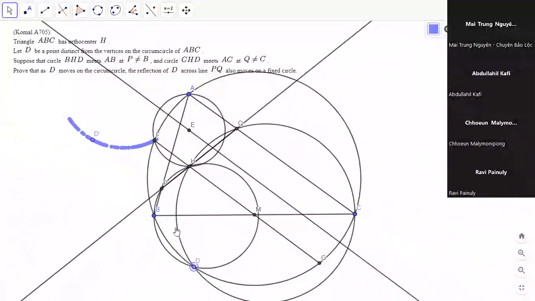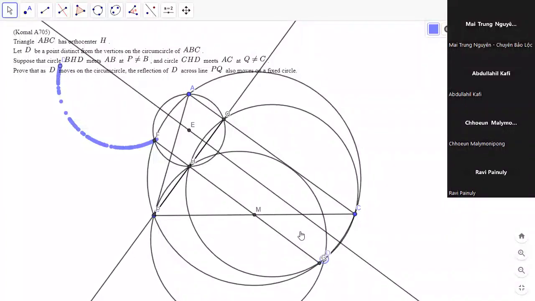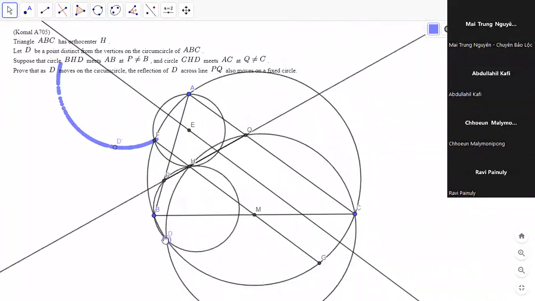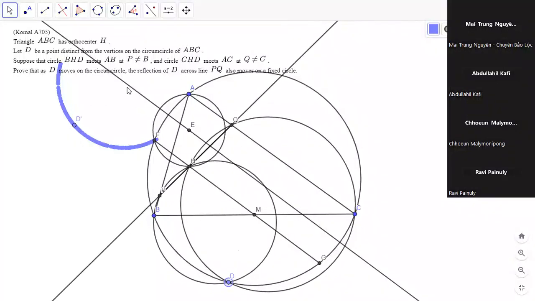What is that mysterious point? That is the center of this circle. It's like right about here.